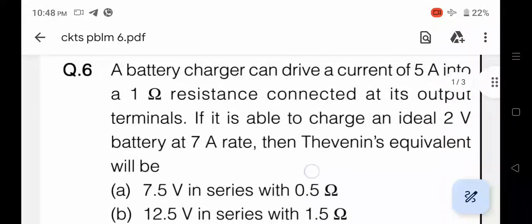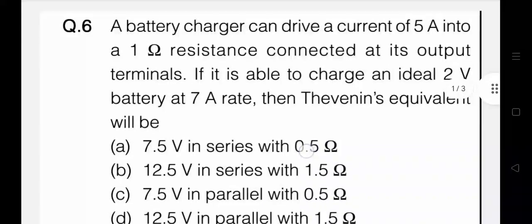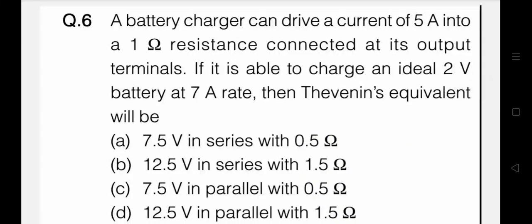Now let's see the second portion of the question, that is, if it is able to charge an ideal 2 volt battery at 7 ampere rate. Since it is given as an ideal 2 volt battery, we don't need to consider its internal resistance.